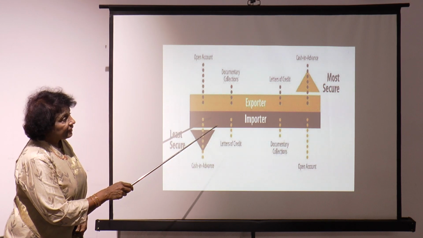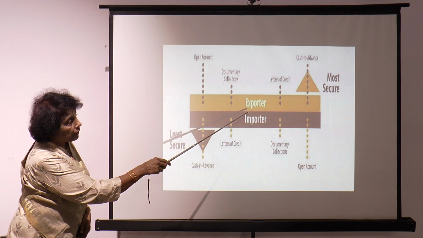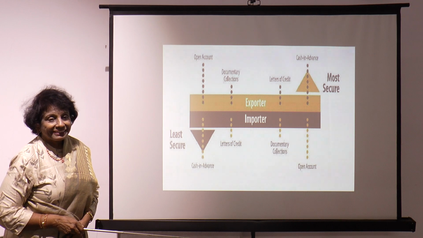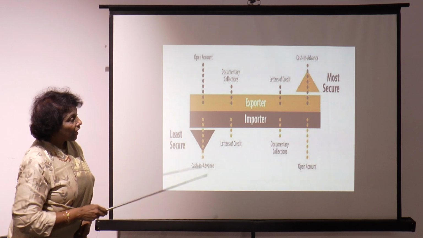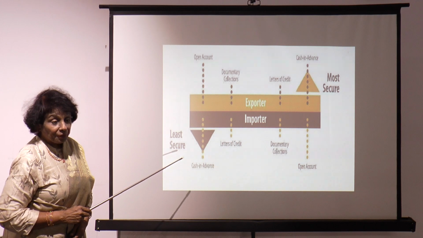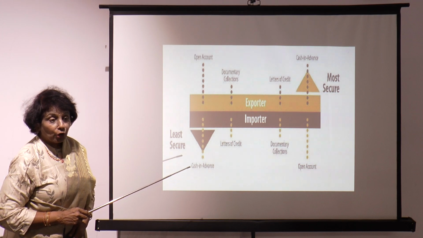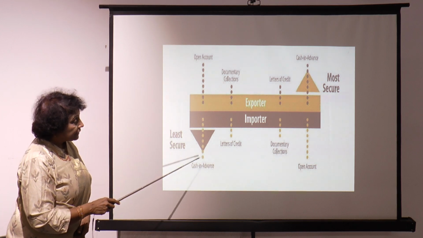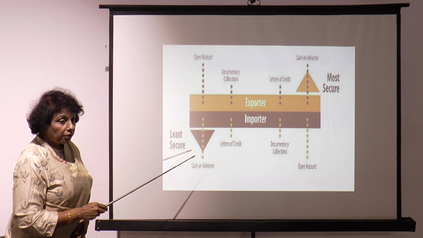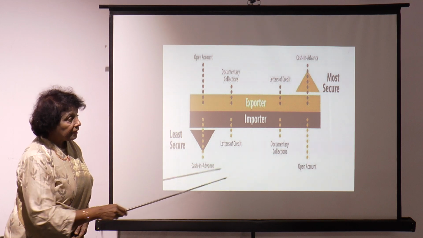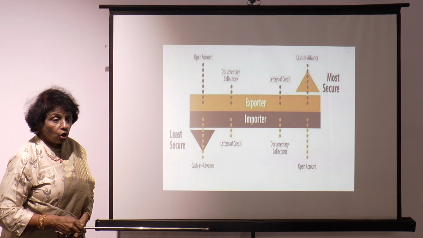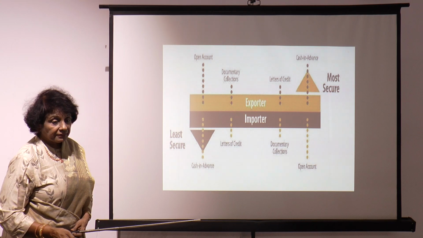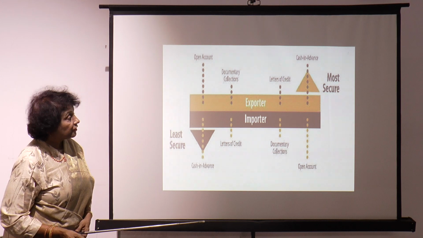For an exporter, cash in advance would be the most secure because he is already ready with the cash. Whereas the open account would be the least secure because the goods would be dispatched and he would not be sure whether he would get his amount. Cash in advance would be the least secure for an importer, whereas open account would be the most secure for an importer. So we already know this in those four methods of settlement.